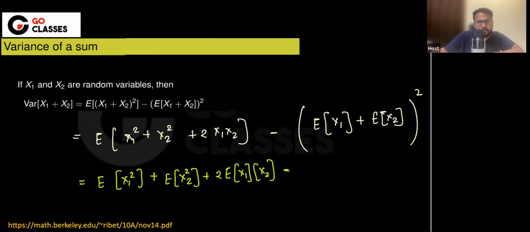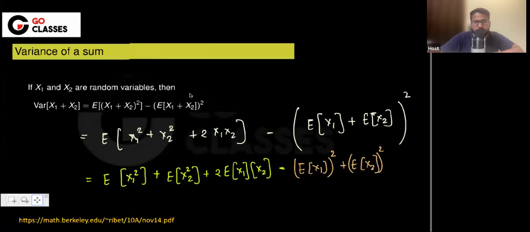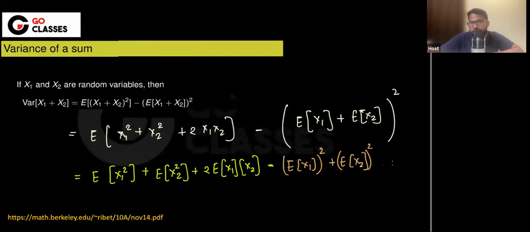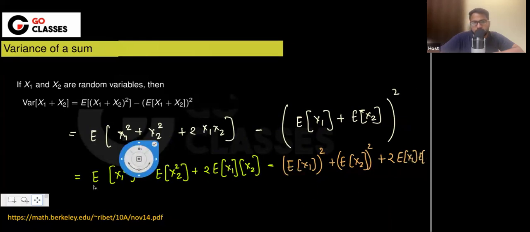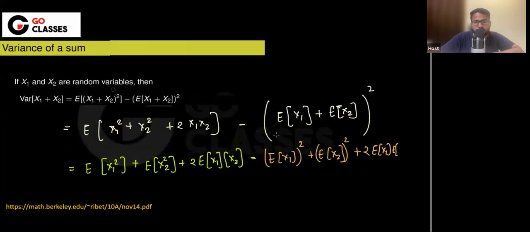right? Minus, now you can apply the formula here, which is a plus b whole square, is nothing but a square plus b square plus 2ab. So expectation of x1 whole square plus expectation of x2 whole square, and then plus 2 into expectation of x1 into expectation of x2.